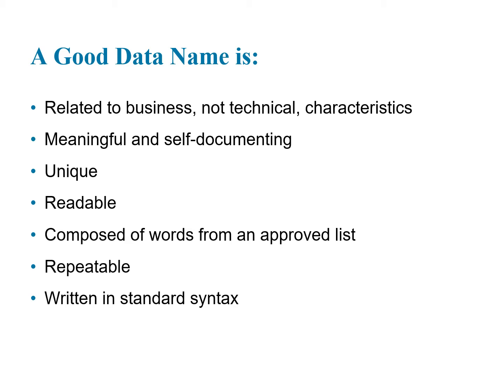In a sense, data names should be self-documenting, which means they should obviously capture the essence of the data object. So a good data name is related to business, not technical characteristics. And also, a good data name is meaningful and self-documenting.